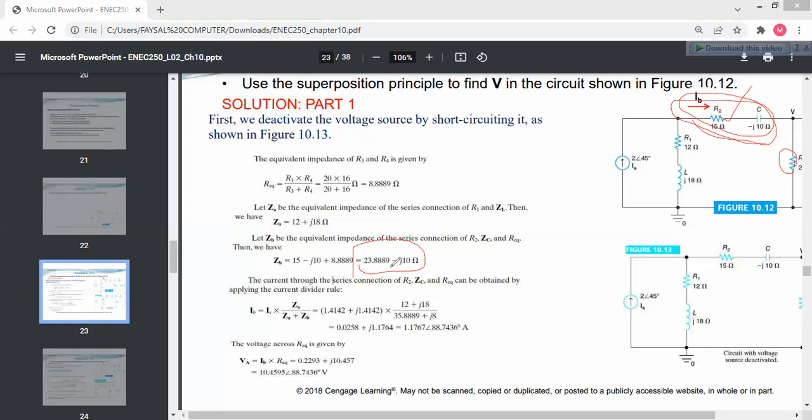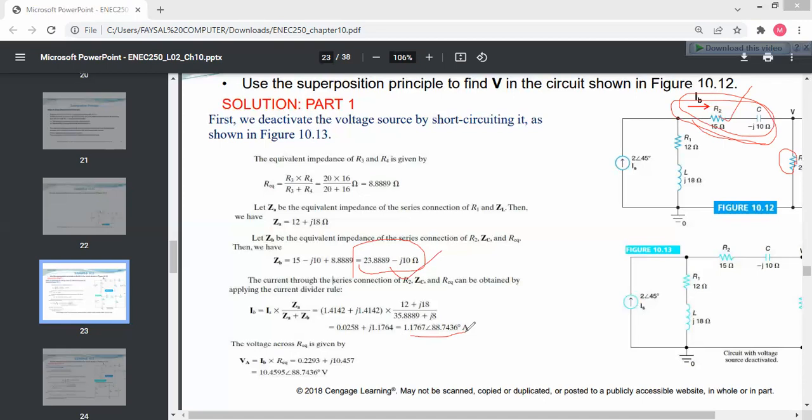ZB we found from this parameter. So after division, this value will be equal to 1.1767 with the angle of 88.746436 degrees, which will be the value of IB.